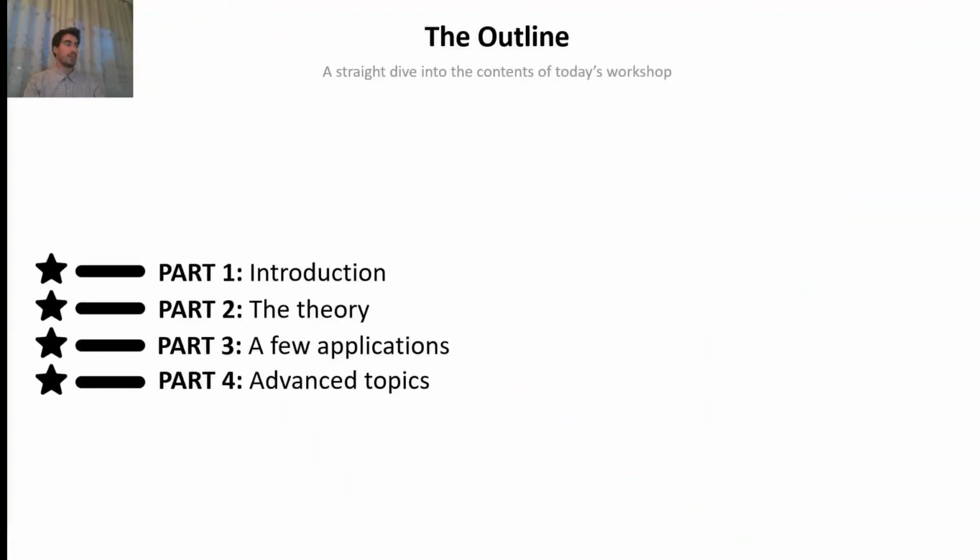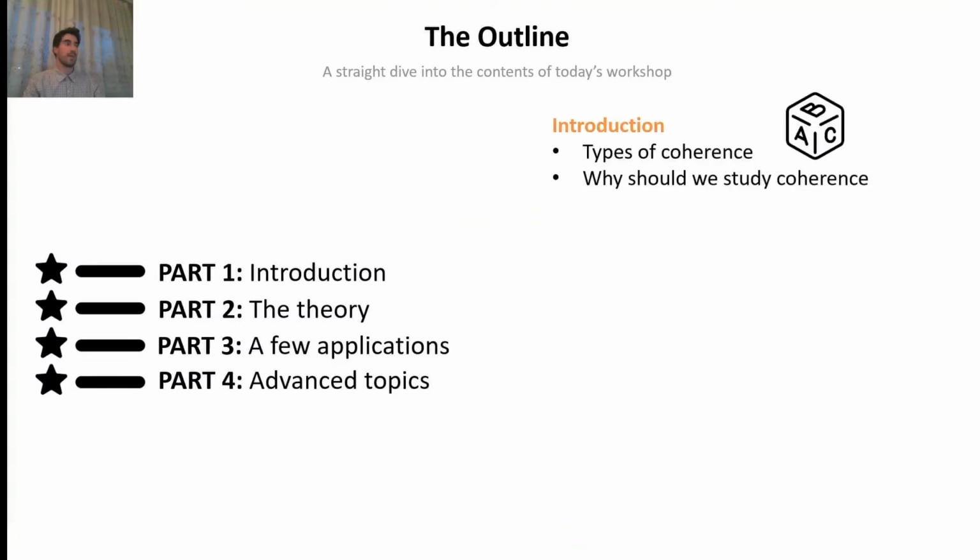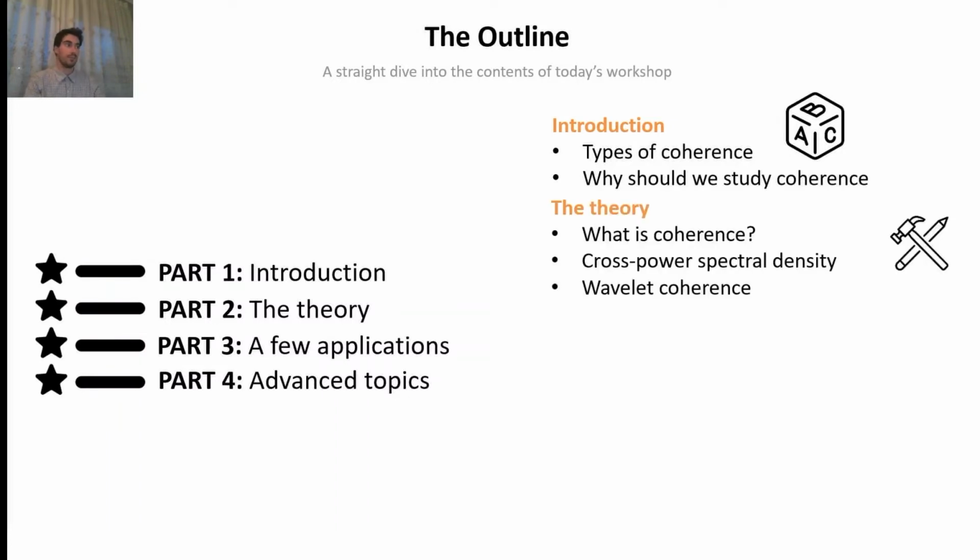So, straight into it. I've prepared for you a four-part presentation. In the first part, I will introduce the types of coherence and, of course, why we should study coherence at all.